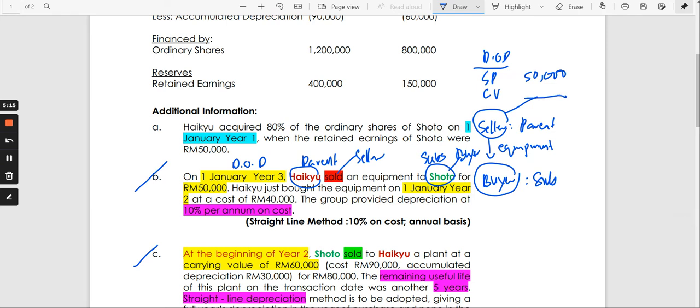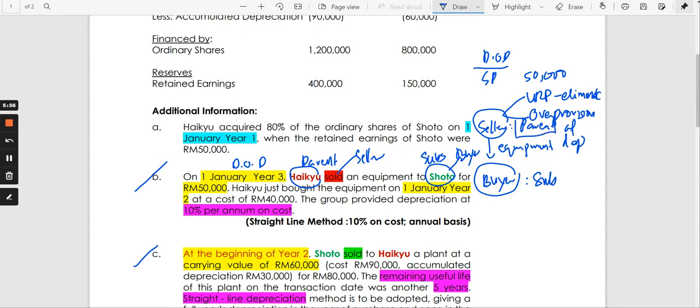Of course, it's not 40,000, and you will surely see there is a profit, and this is the profit that we need to go and remove. So in the parent company, we need to check the selling price, and what is more important is looking at the unrealized profit that we need to eliminate during consolidation. At the same time, we also need to adjust for the over provision of depreciation. This will be adjusted in the books of the seller.